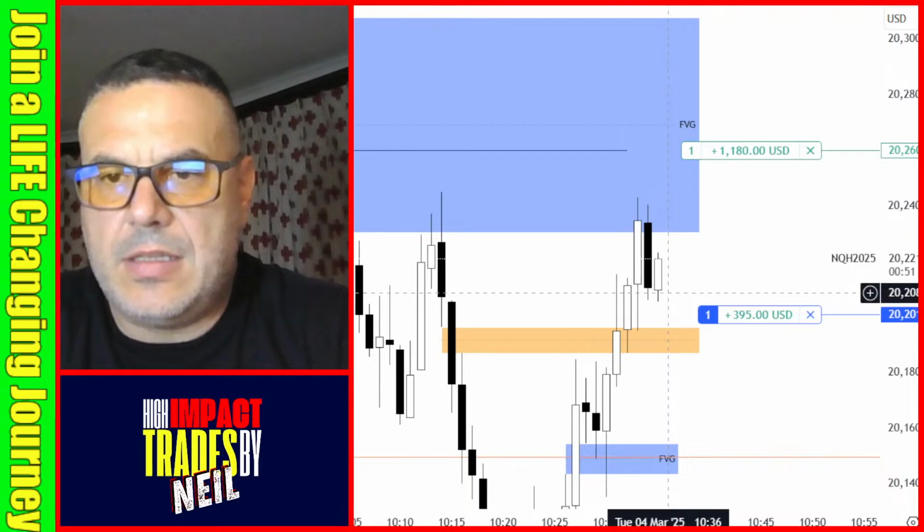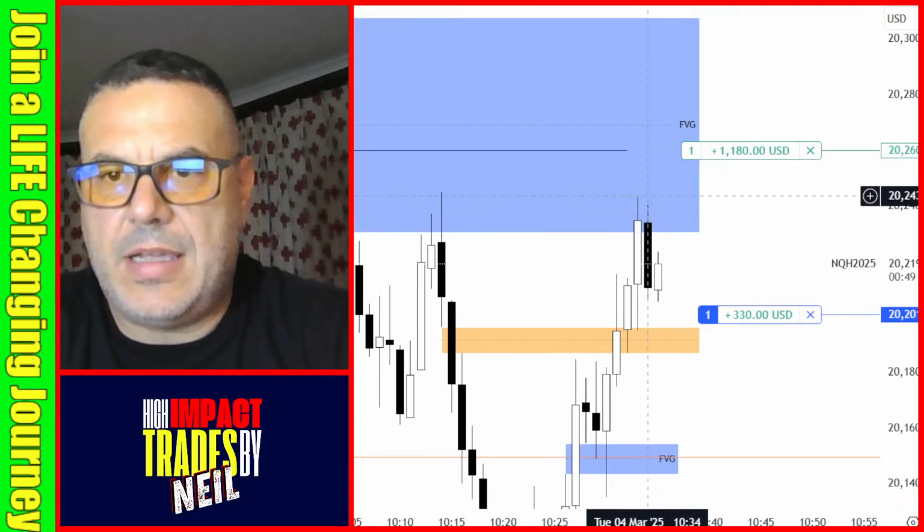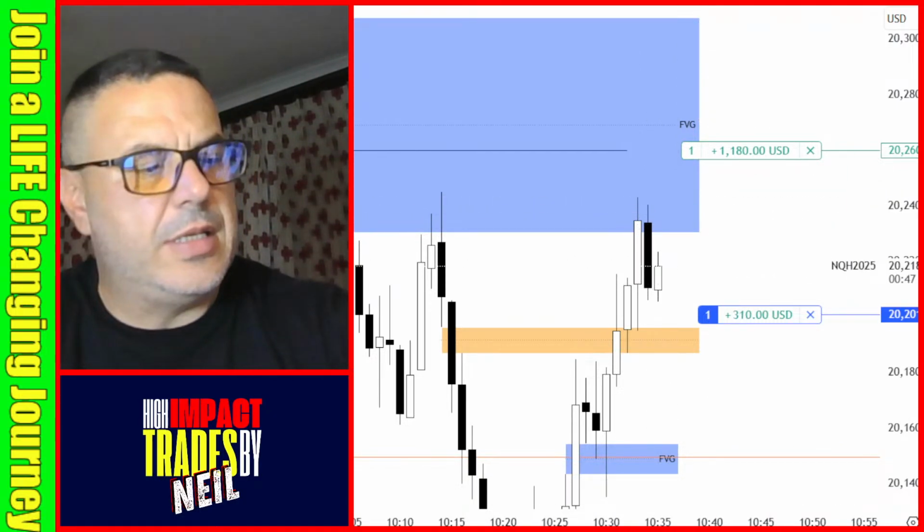Alright, let's see if we can get this white candle to close above this black candle. That would be nice.